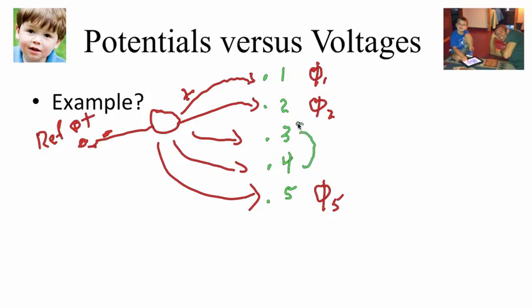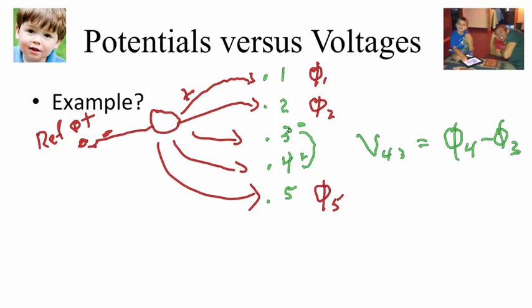So I might want to put the negative lead on point 3 and the positive lead on point 4, and then I can get V4,3, maybe I want to call it that, equals phi 4 minus phi 3. That is, V43 is simply the voltage in between 2 arbitrarily chosen points. Here I happen to choose V43, point 4 minus point 3.